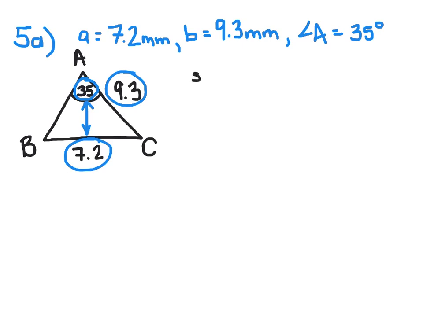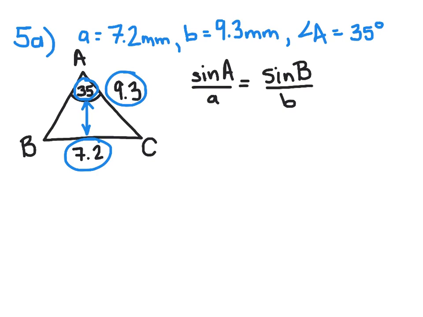The way we'd set up the sine law is sine of big A over little a is equal to sine of big B over little b, and is equal to sine C over little c. But I don't have C or little c, so I'm not going to worry about that right now.